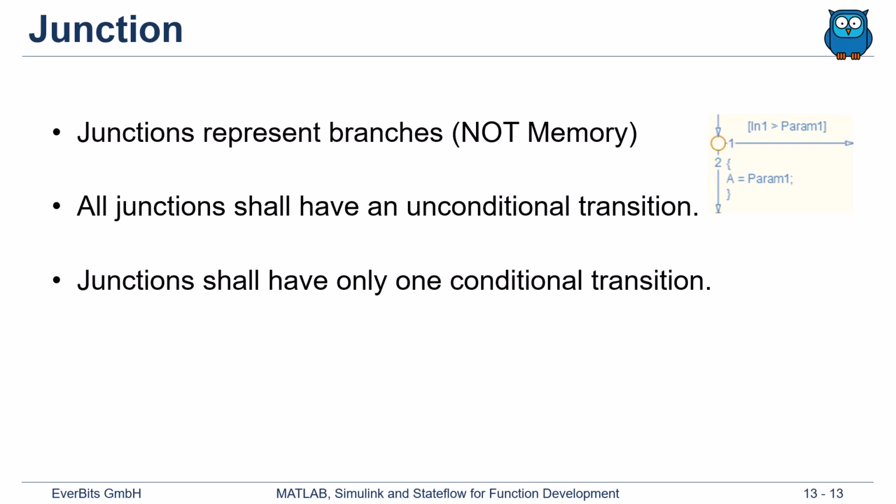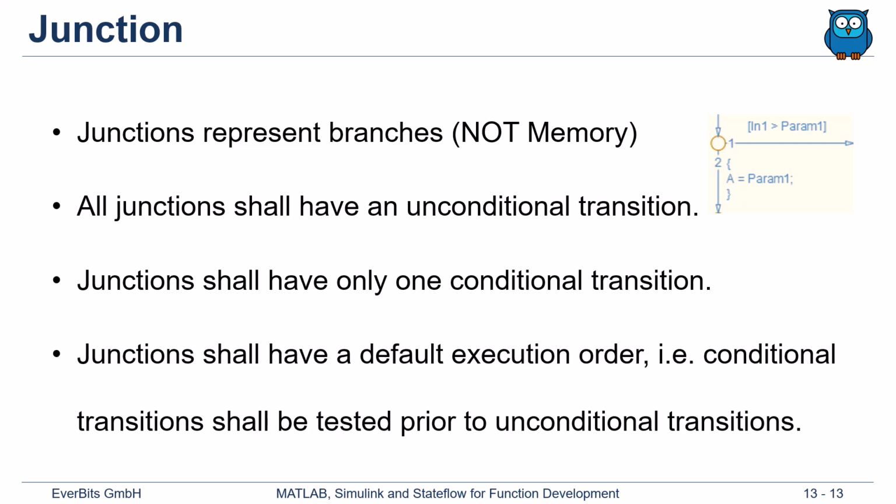You would be debugging for a lot of time until you would see that there is the wrong order of transition execution. This will be checked automatically now. This is a very helpful thing. The junction shall have only one conditional transition, and junction shall have a default execution order. It means that the conditional transition shall be tested prior to unconditional transitions.